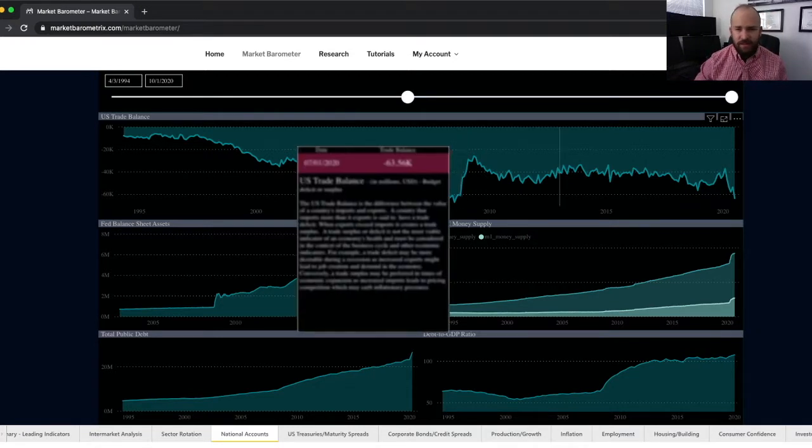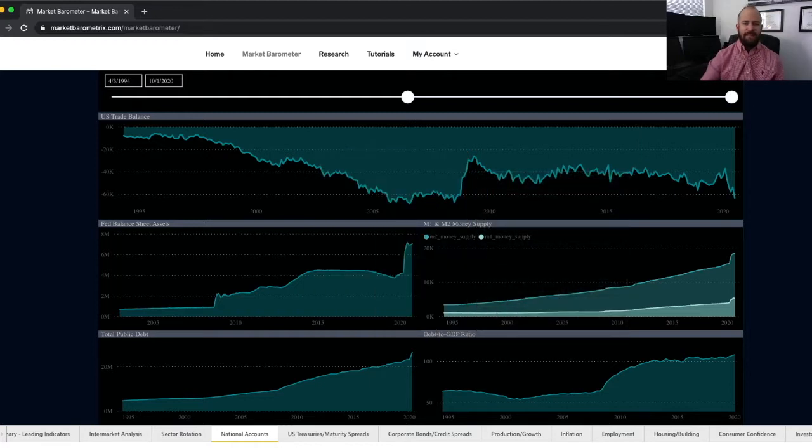So that's what I'm looking for, is times when the trade deficit is narrowing or widening. Narrowing indicating that the health of the U.S. consumer is waning, and whenever it's widening, that means that there's more demand here in the United States. The health of the U.S. consumer is more robust.